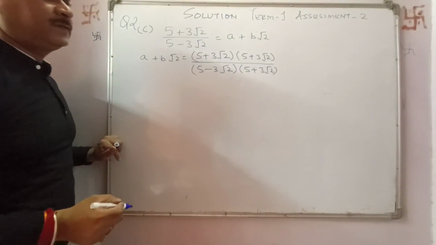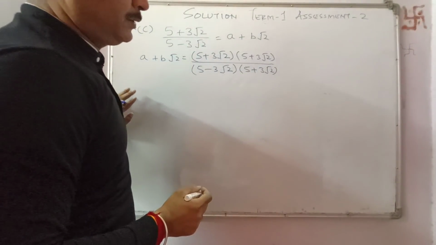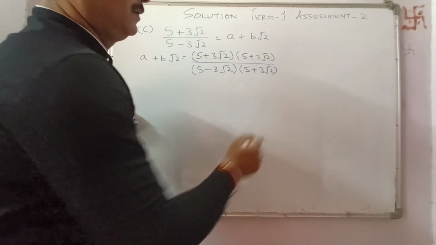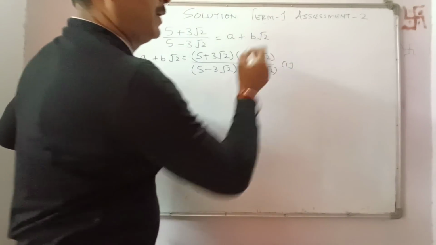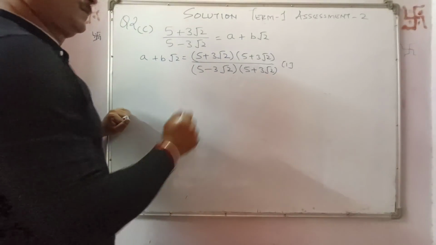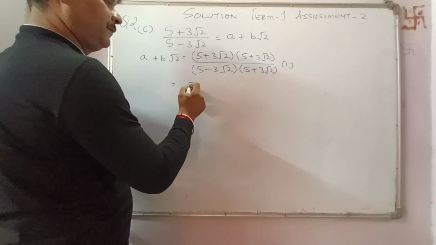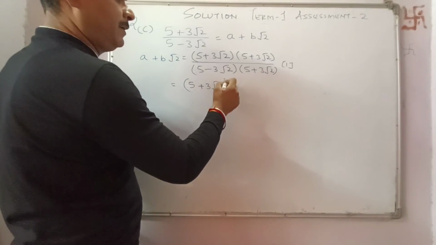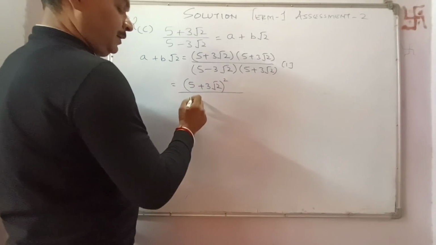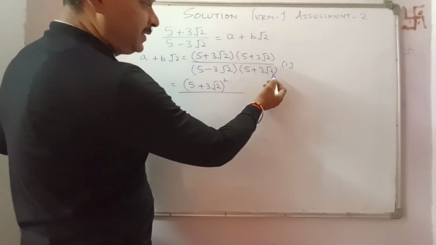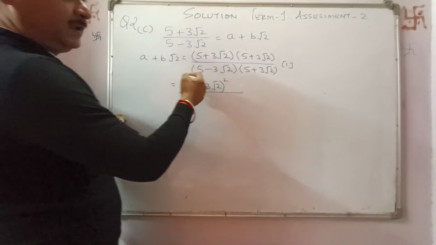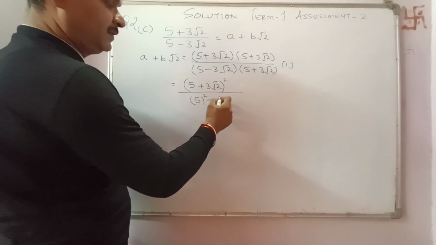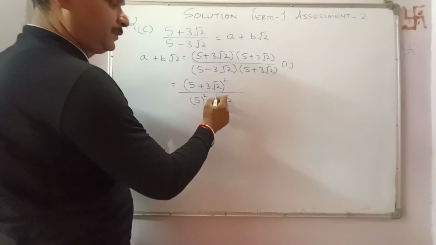And I have always told you people that whenever you recognize the rationalizing factor, that will give you 1 mark for it. Okay, now we have 5 plus 3 root 2 whole square, and in the denominator we have (a plus b) into (a minus b), that is a square minus b square. 5 square minus (3 root 2) square.